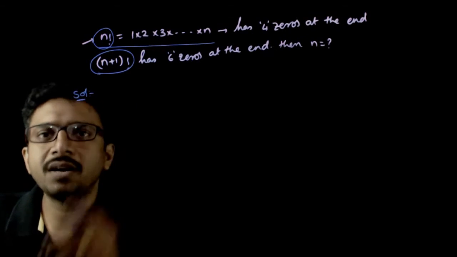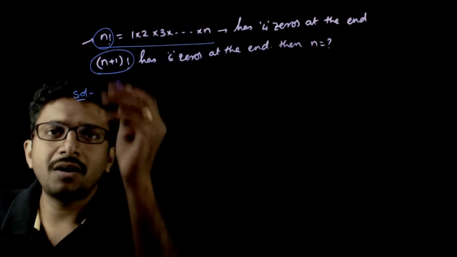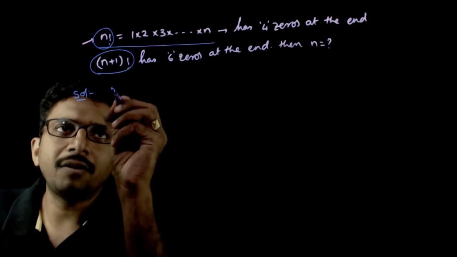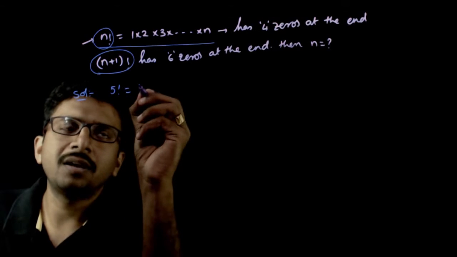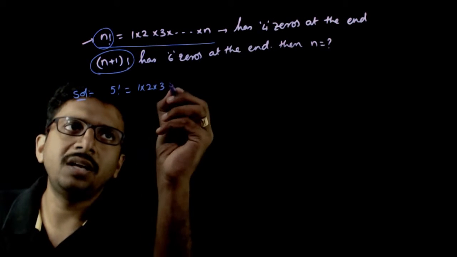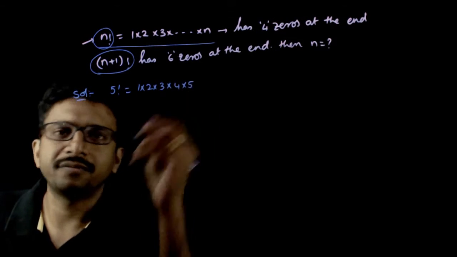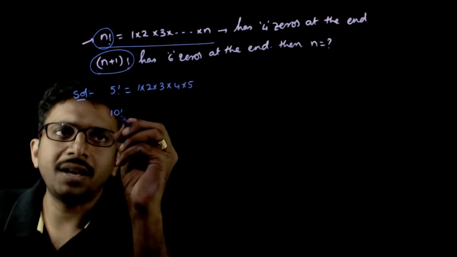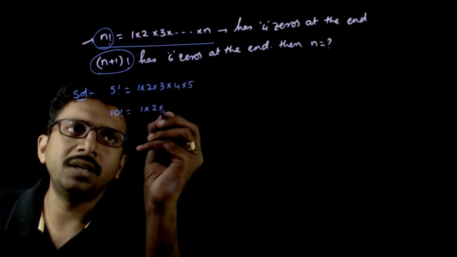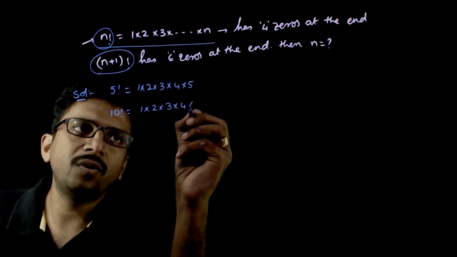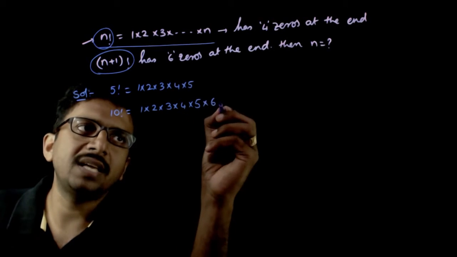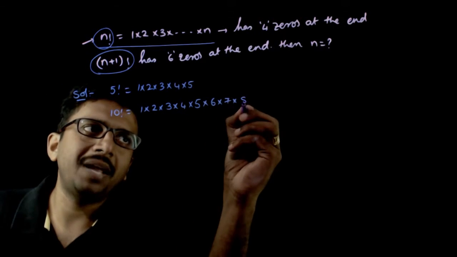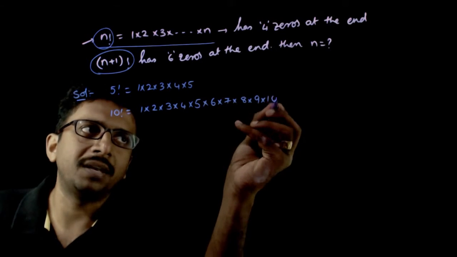So first try to understand what n factorial is. So according to the given definition, n factorial, example 5 factorial is nothing but 1 into 2 into 3 into 4 into 5. Example 10 factorial is nothing but 1 into 2 into 3 into 4 into 5 into 6 into 7 into 8 into 9 into 10.